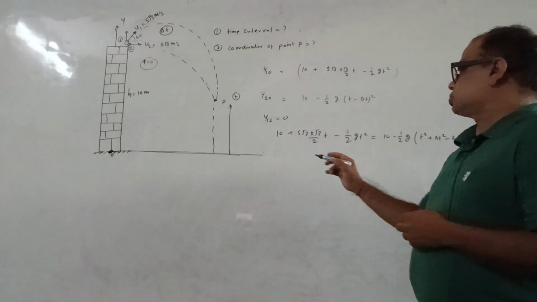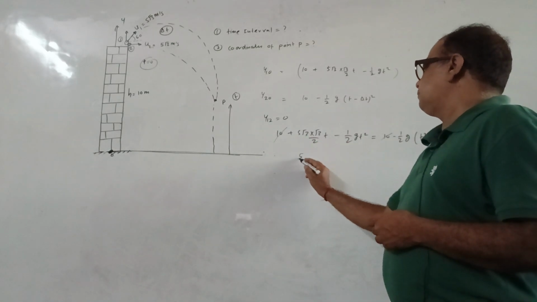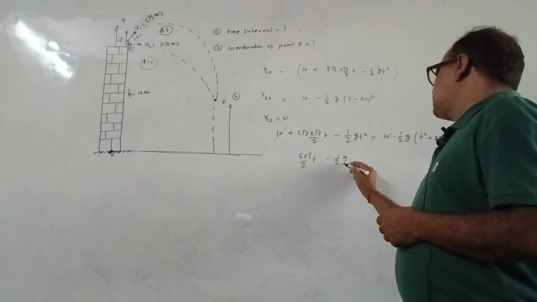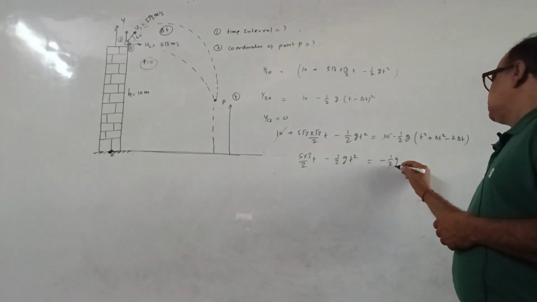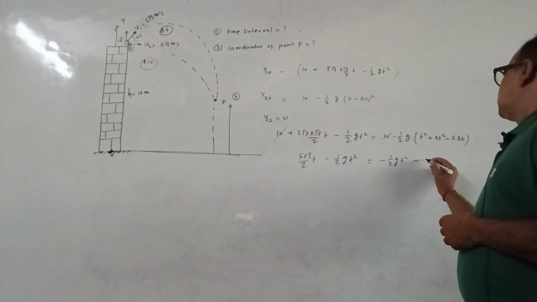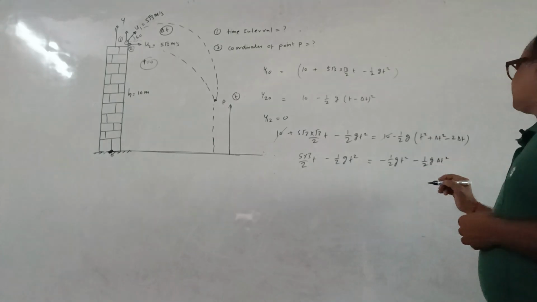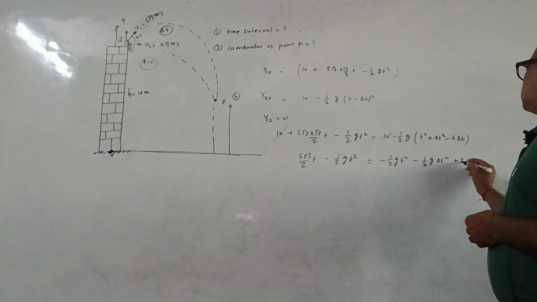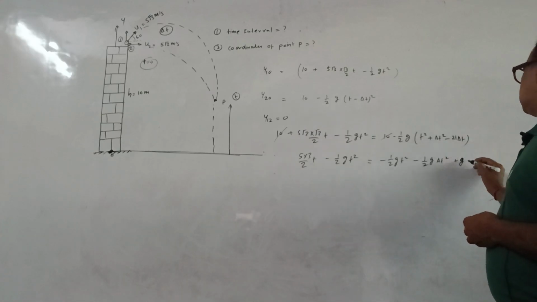So 10 will cancel and this will be 5 into 3 by 2 t minus half g t square, and this is equal to minus half g t square minus half g delta t square plus g t delta t.